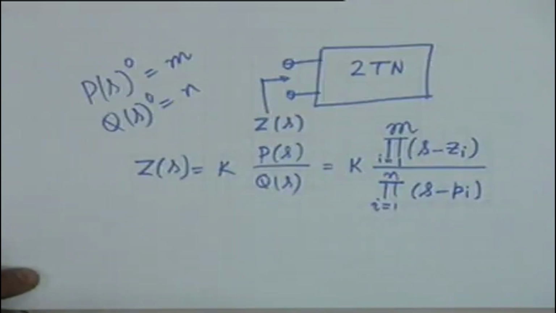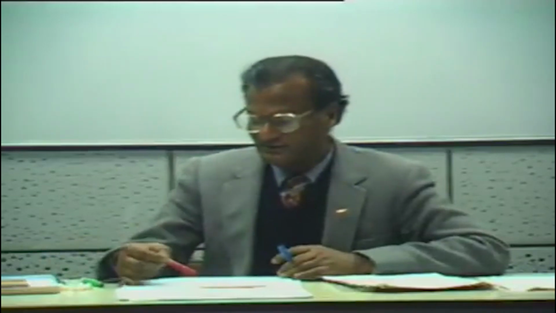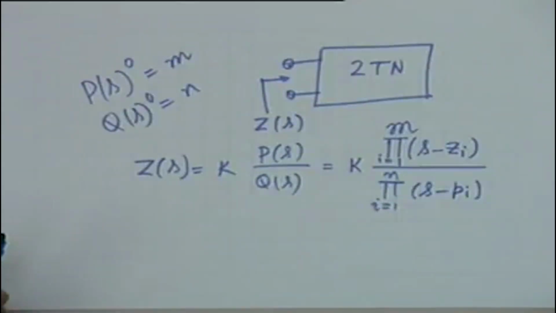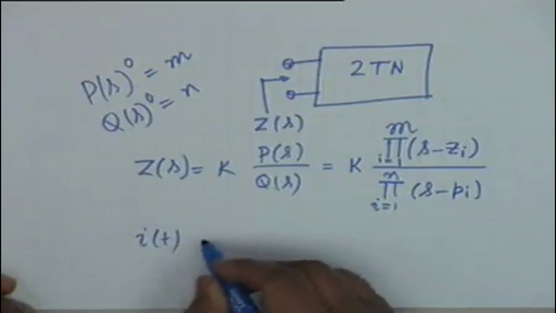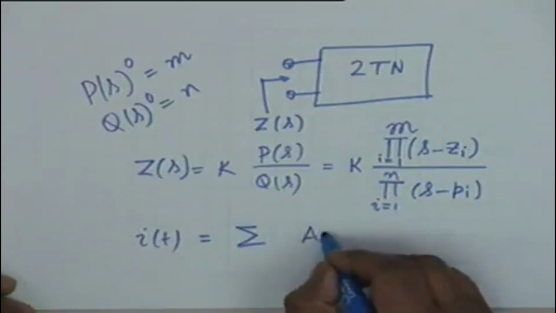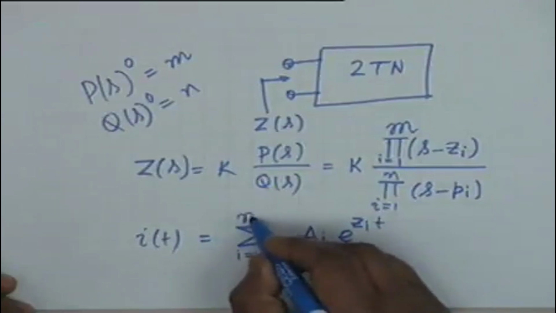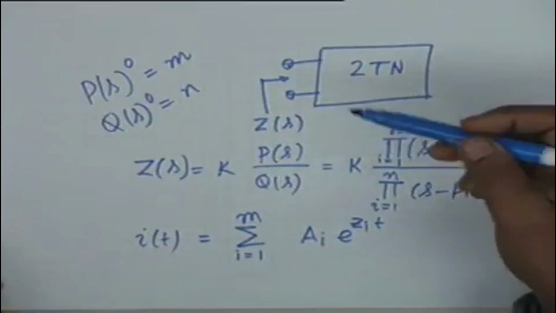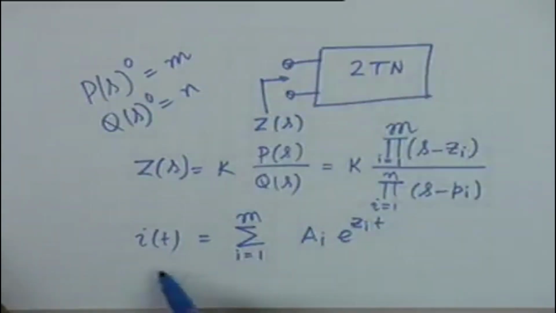Next, if you wish to find out the current flowing through the short circuit, that is, if you short circuit these 2 terminals and you want to find out the natural current response, then the natural current response i of t shall be of the form summation Ai e to the power Zi t, where i equals 1 to M. Due to internal stored energy, if you find the current when these two terminals are short circuited, then the current response shall be of this form.